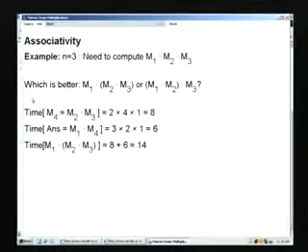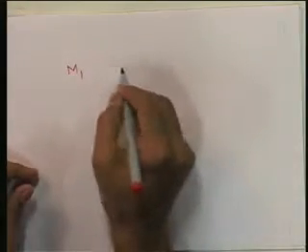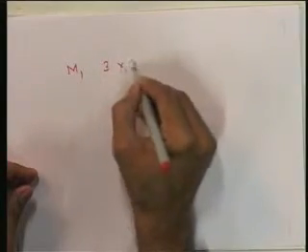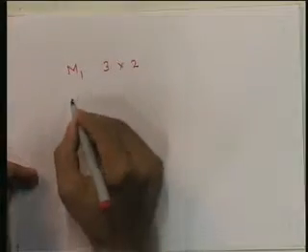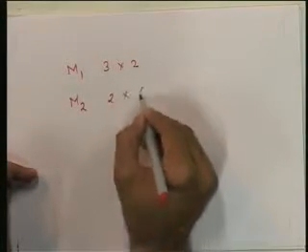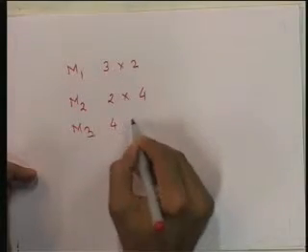Let us assume that M1 is a 3 by 2 matrix, M2 is a 2 by 4 matrix, and M3 is a 4 by 1 matrix.